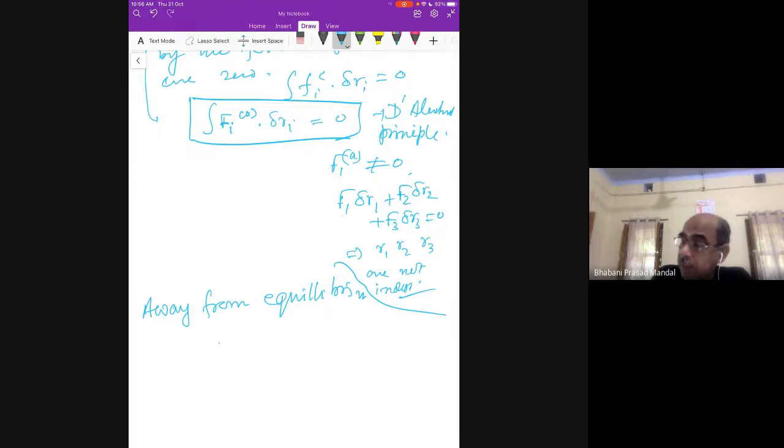In that case, the applied force will be the p_i dot, generally this is Newton's law.